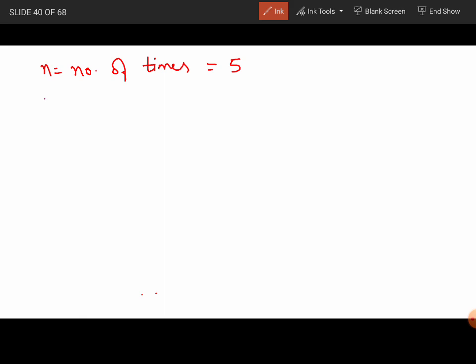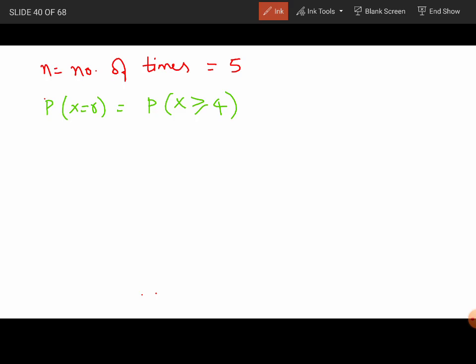Now probability at x is equal to r. Nothing but probability of x greater than or equal to 4, because they have said at least 4 times.